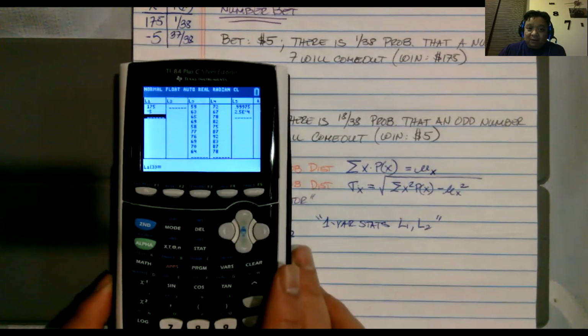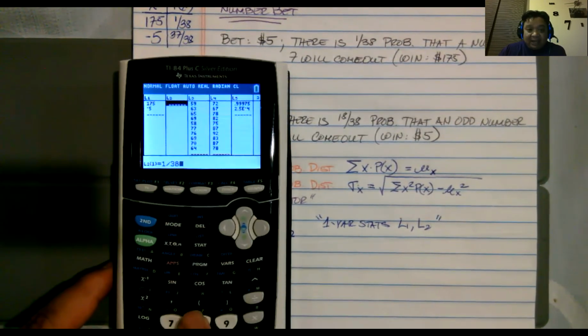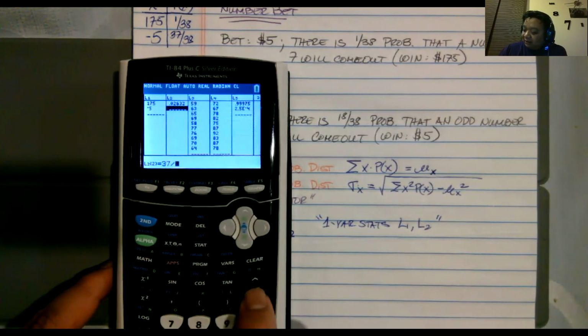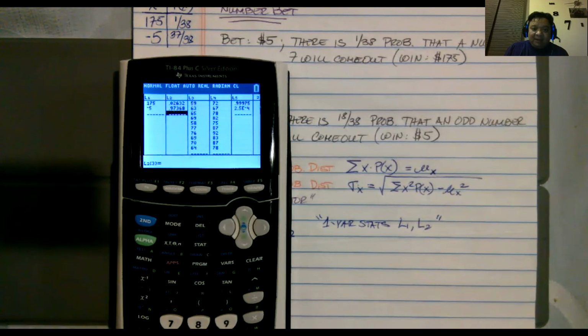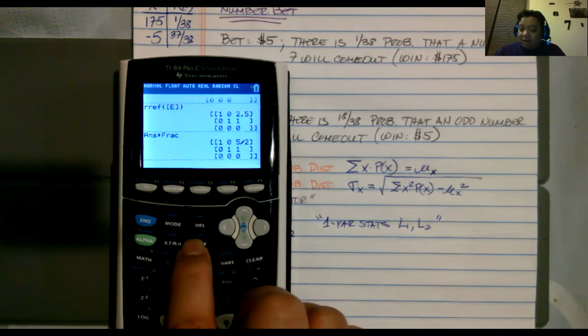And then your probabilities. So this one is 1 divided by 38, right? So I'm putting fractions in there. And then 37 divided by 38. And then my calculator will automatically change them to a decimal. And then now, second quit. And then you do one variable statistic.